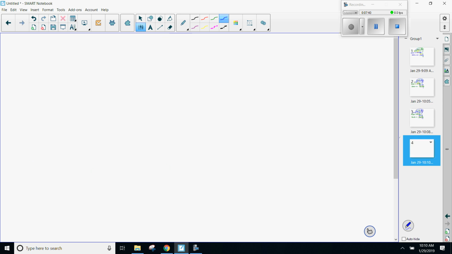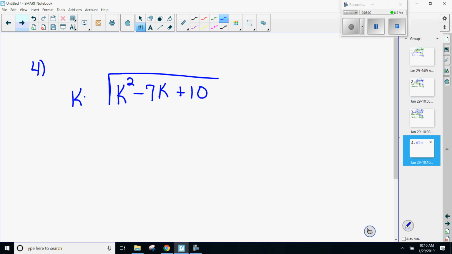Let's look at 4. Number 4 says you're taking k squared minus 7k plus 10. This one's different because you have a minus sign in here that's going to play an important role with a value up at the top. And then you're dividing that by k minus 1. So what's the first thing you multiply by?